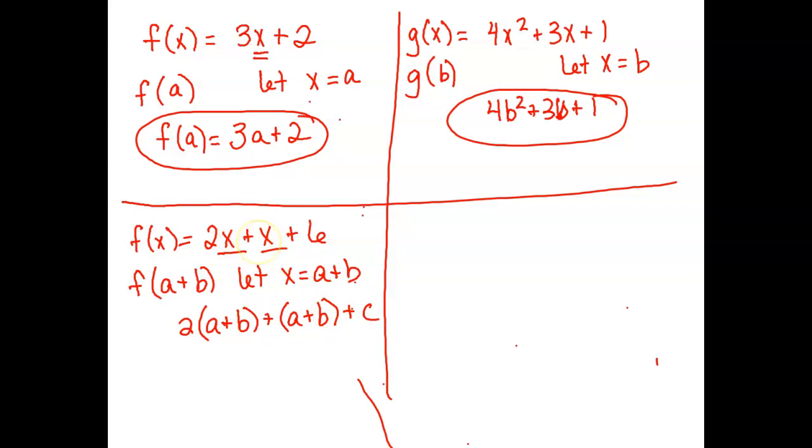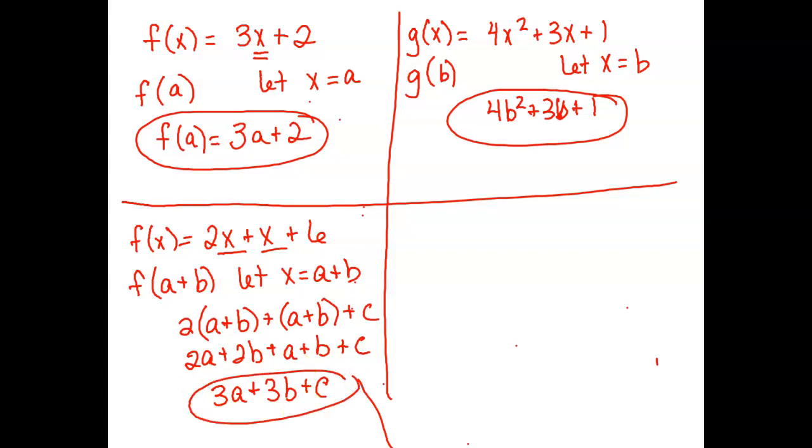Notice every place we had that x, I put in a plus b. I then distribute, and now I combine my like terms, 3a plus 3b plus 6.